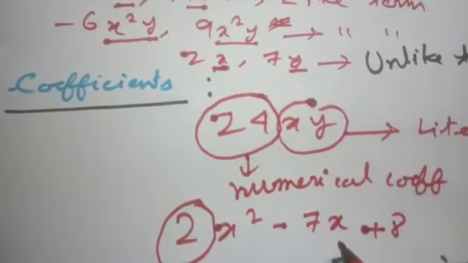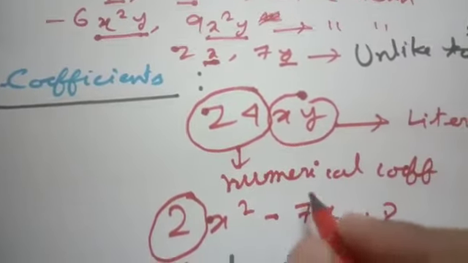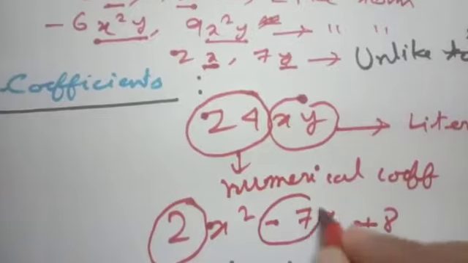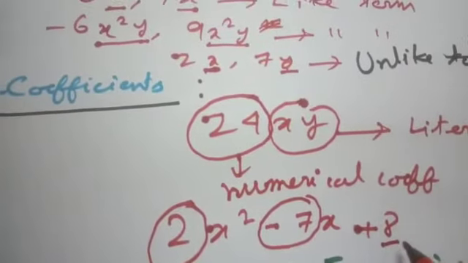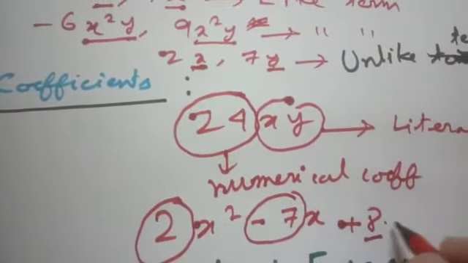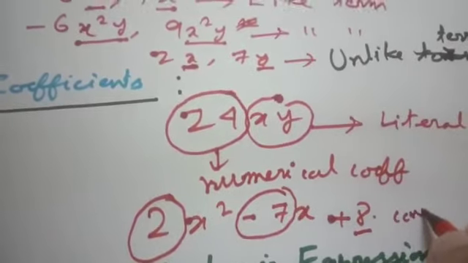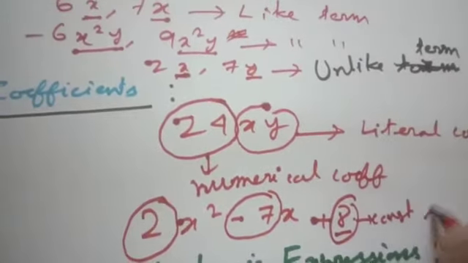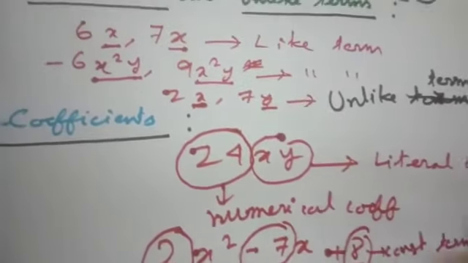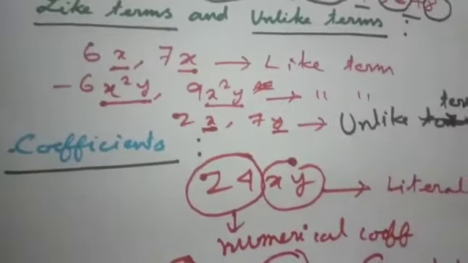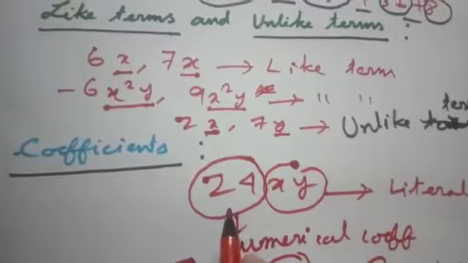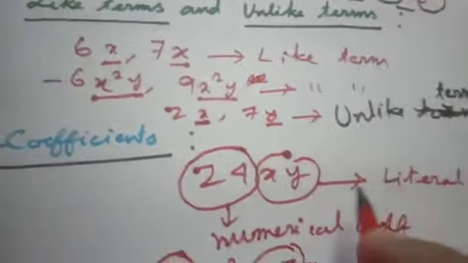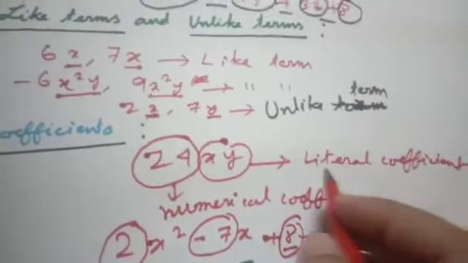Similarly, the coefficient of x is minus 7 and 8 is the constant term. So the numerical part is called numerical coefficient and the literal part is called literal coefficient.